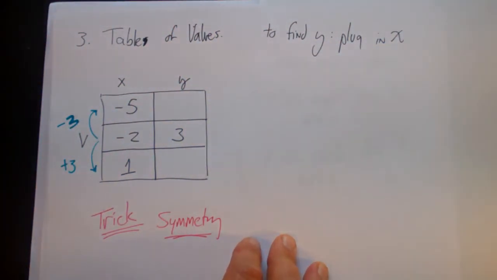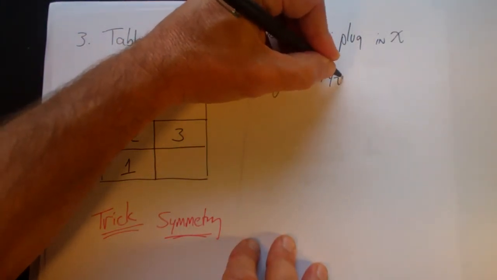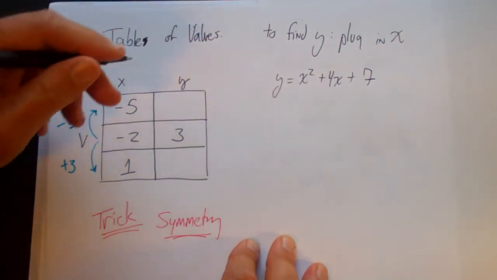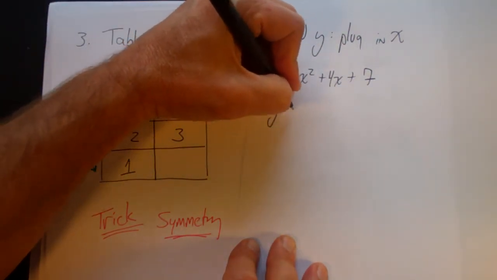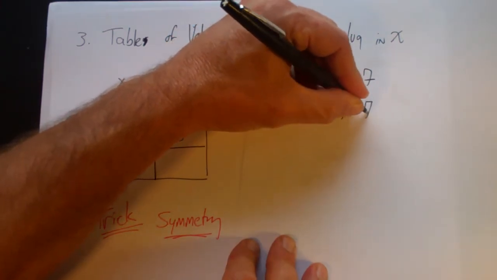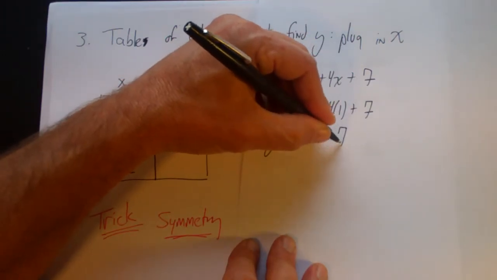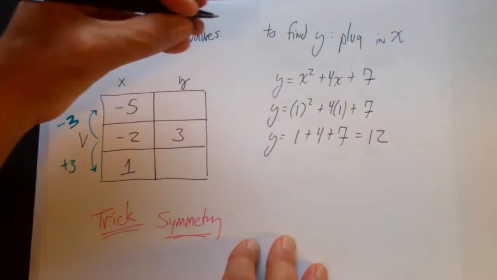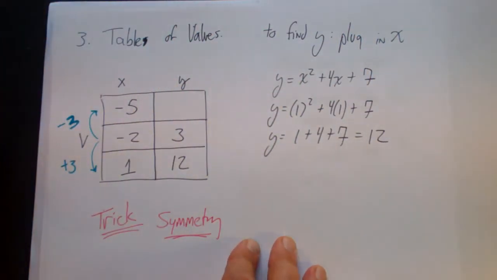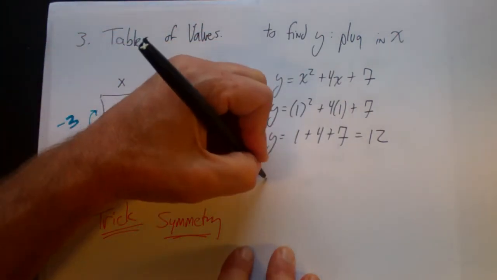So let's go back to our original problem. Y is equal to x squared plus 4x plus 7. Plug in 1, so you have y is equal to 1 squared plus 4 times 1 plus 7. Y is equal to 1 plus 4 plus 7, which is 12. Now to find the y value here, you plug in a minus 5.